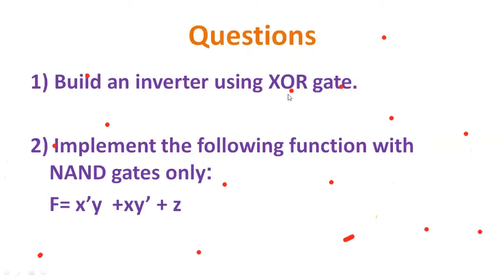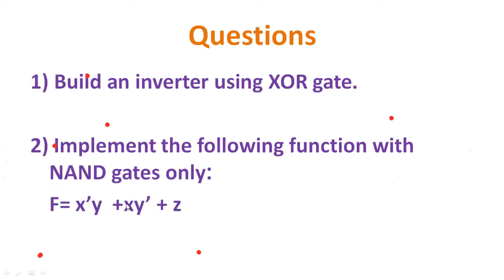The second point is to implement the following function with NAND gates only. Try this expression at your home: x bar y plus x y bar plus z. This expression should be implemented using NAND gates only. The first and second terms, x bar y plus x y bar, represent the XOR operation, and the third term is ORed with this XOR gate.